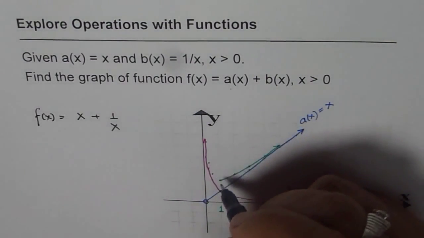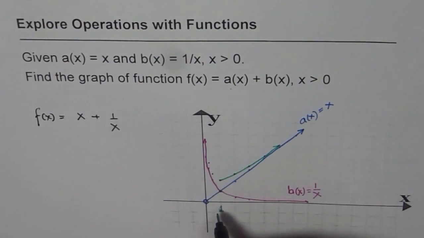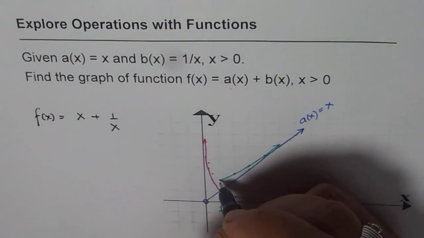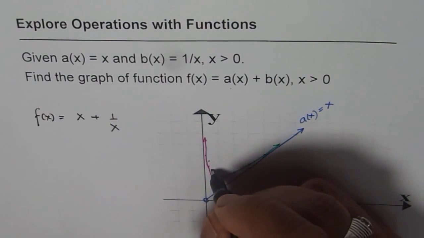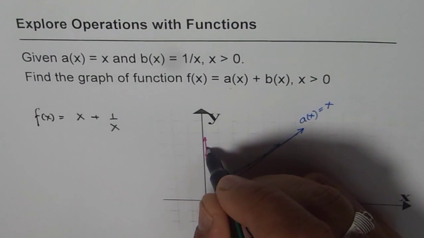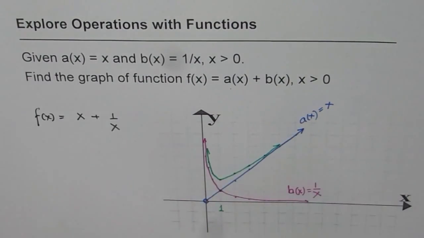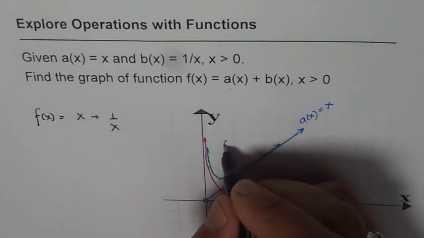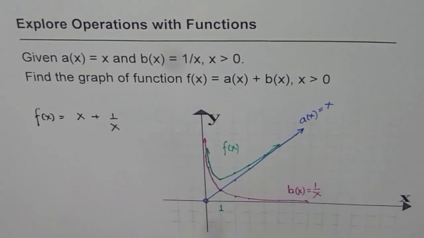So likewise, what we observe is as the x value approaches 0, f of x approaches 1 over x, right? So we have a function which is kind of like this. So it is approaching 1 over x, correct? So that is our f of x.